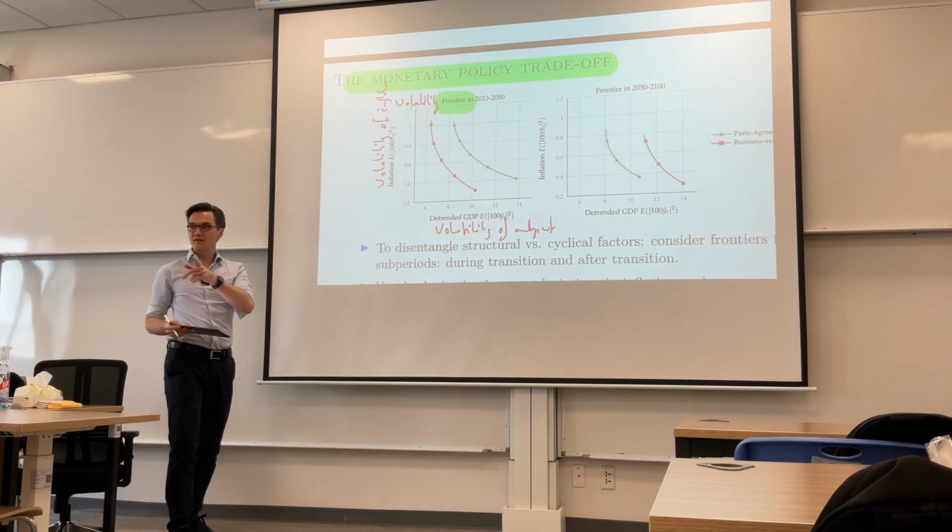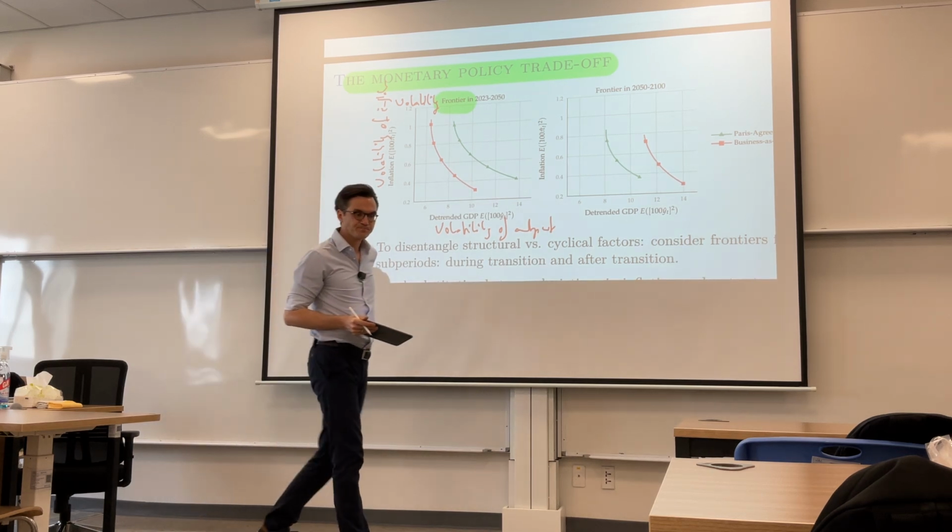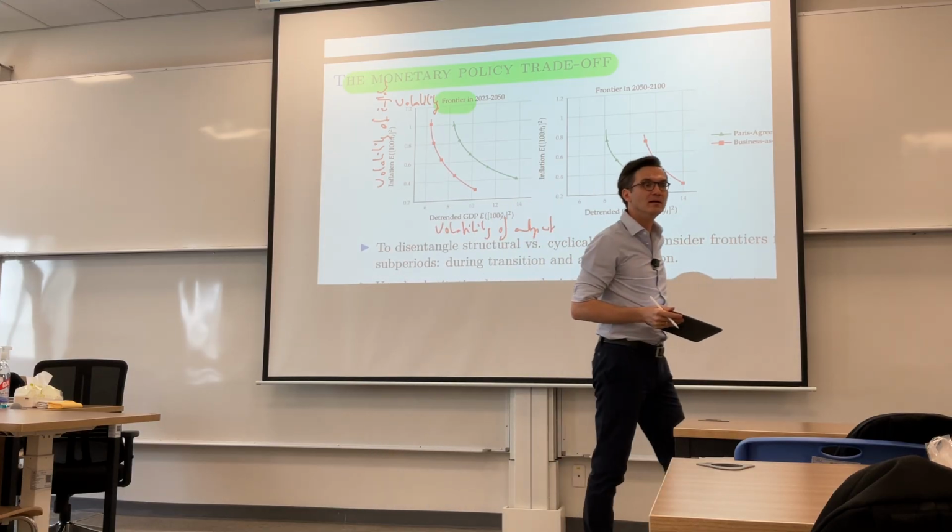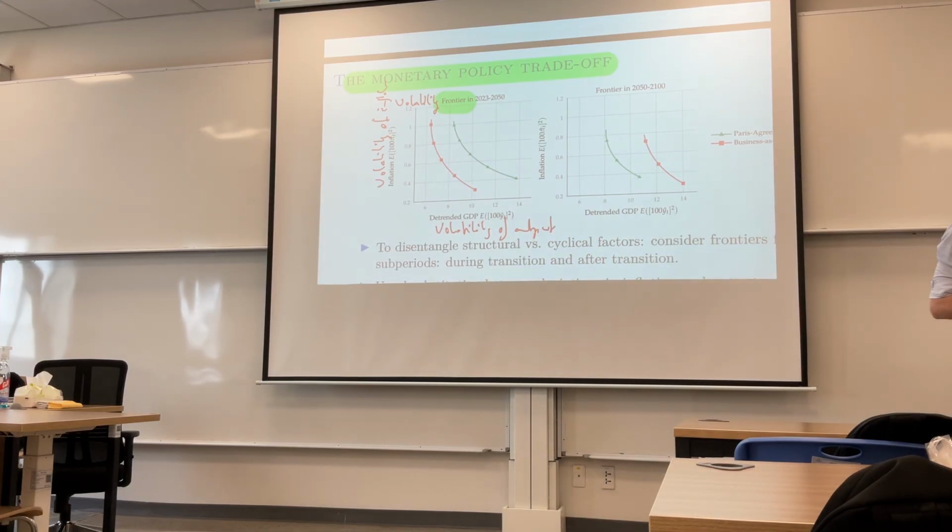Now, suppose you're running the central bank of Vietnam at some point in the future. In this graph, what point would you pick and define as your personal bliss point? Where you're saying, this is the perfect. I mean, if I could, I would pick this point in this graph. What would you pick?